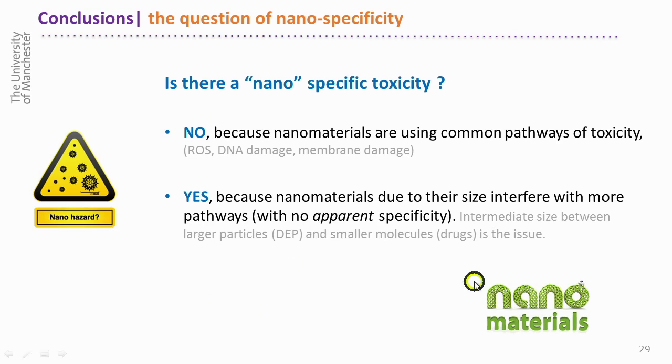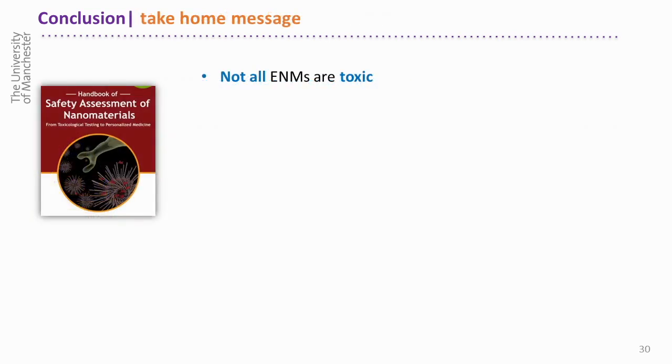The size is quite important, but it's not only the size, obviously. Okay, so not all engineered nanomaterials are toxic. Some have been demonstrated to be non-toxic. It's a matter of controlling what these nanomaterials are and how they are produced.